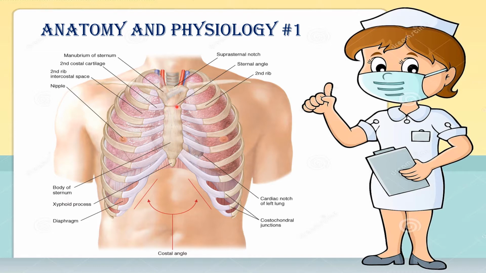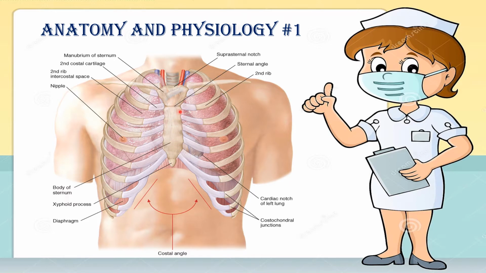For us to determine this angle, we have to place first your fingers in the hollow curve of the suprasternal notch, and then you can move your finger down approximately 5 centimeters, to the horizontal bony ridge joining the manubrium to the body of the sternum.